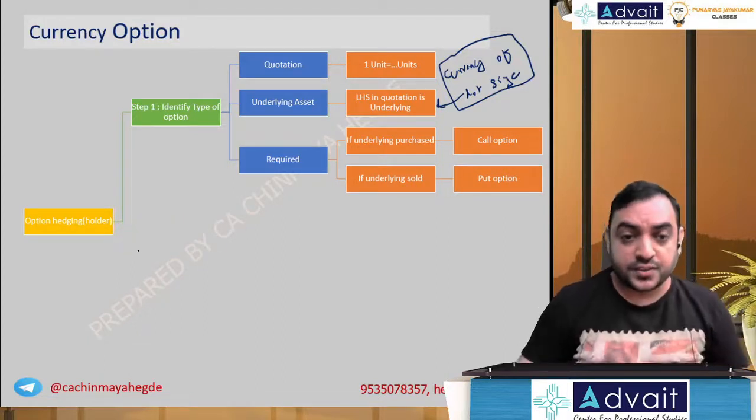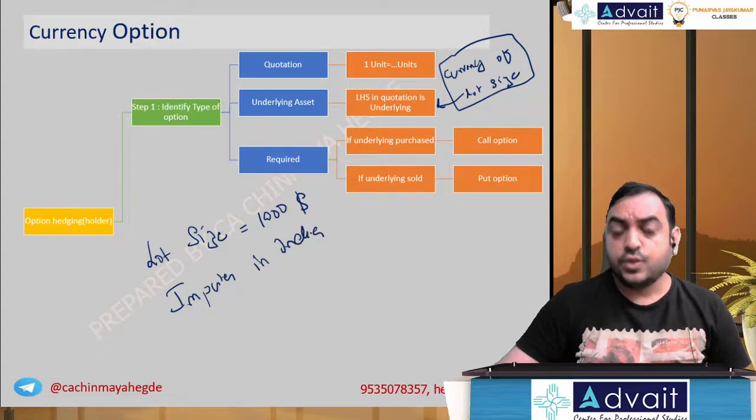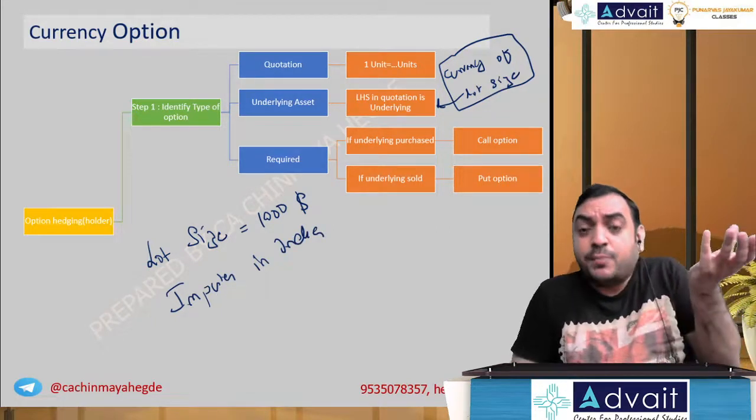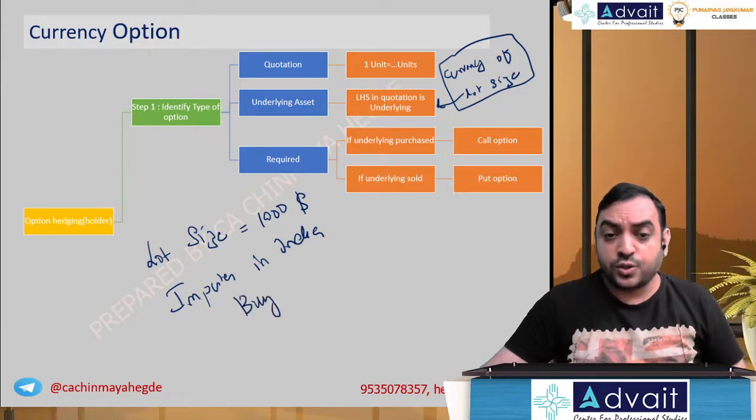Example, take a look at this. Lot size $1,000. And we are talking about an importer in India. He will buy dollars, right? He has to make the payment to the supplier. He needs dollars. So in the option contract, you need to buy dollars.